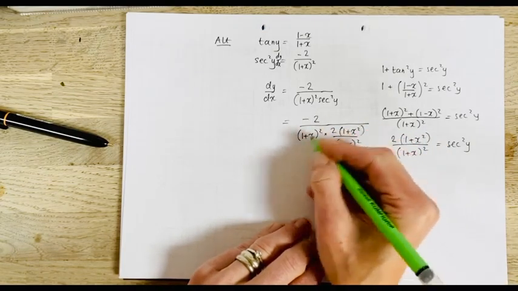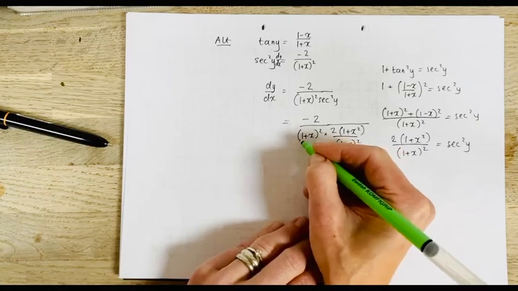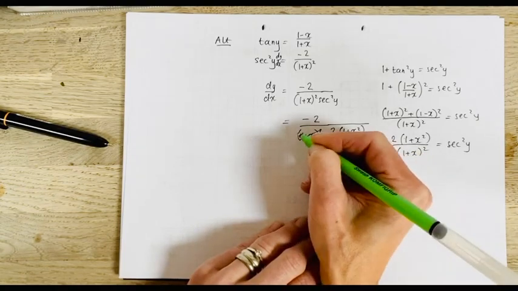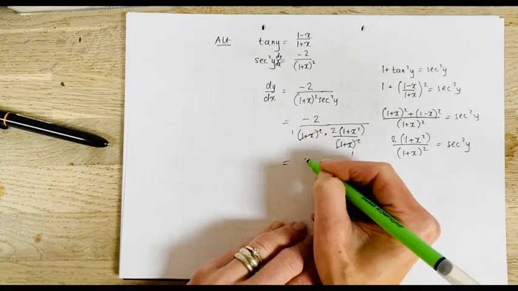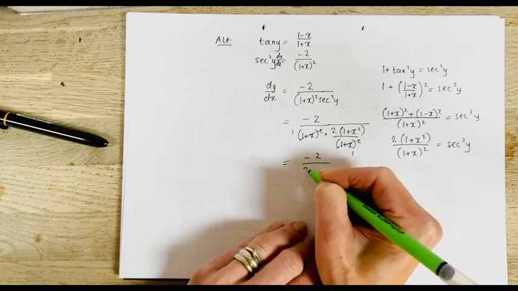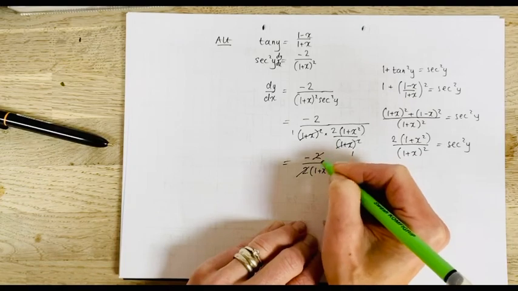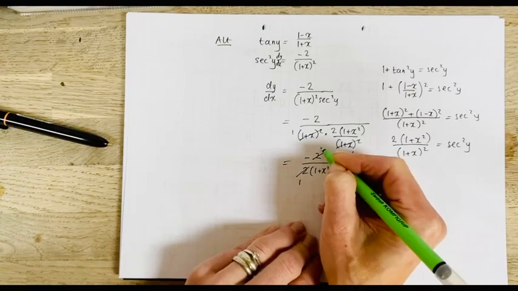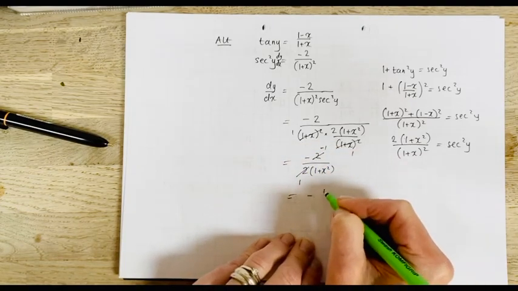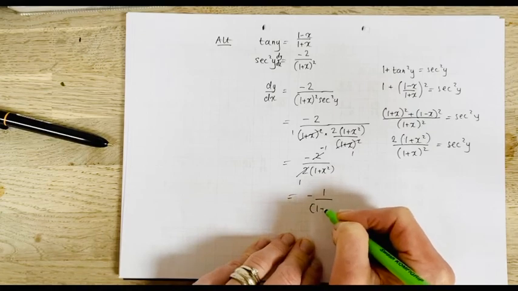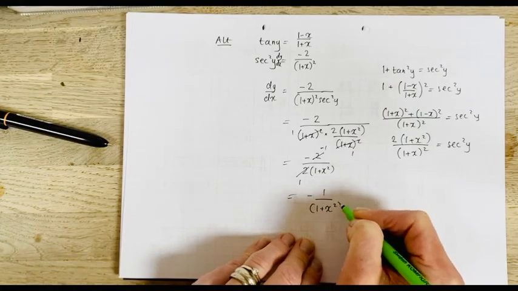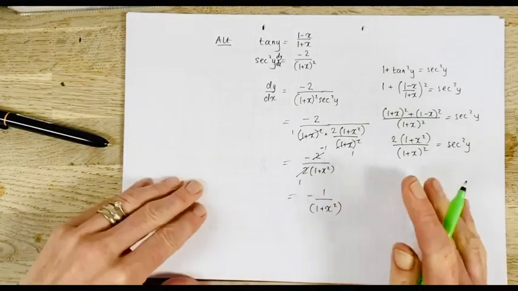So this multiplication is within the denominator, so we're going to cancel that, and you're going to be left with minus 2 over 2 times 1 plus x squared, and that cancels again, and you've got minus 1 over 1 plus x squared. You don't need those brackets.